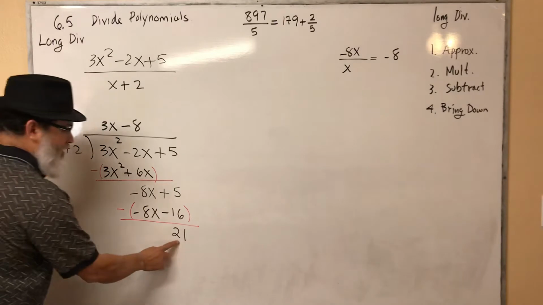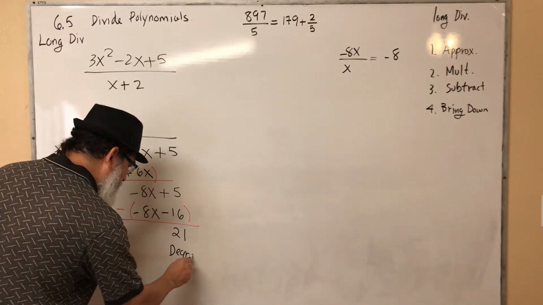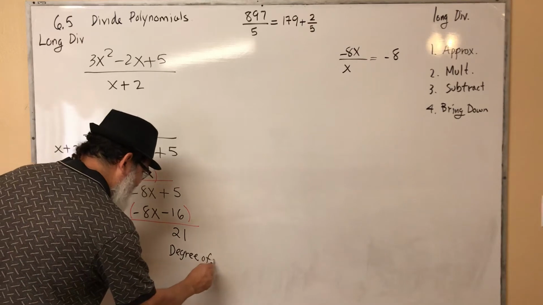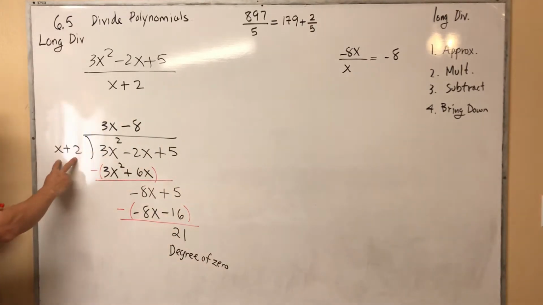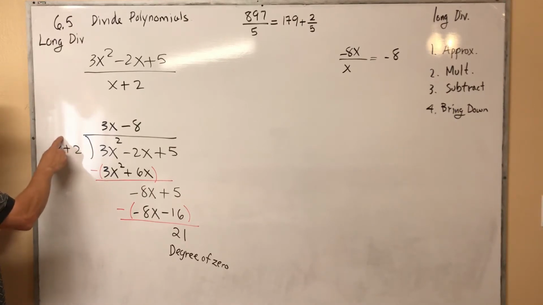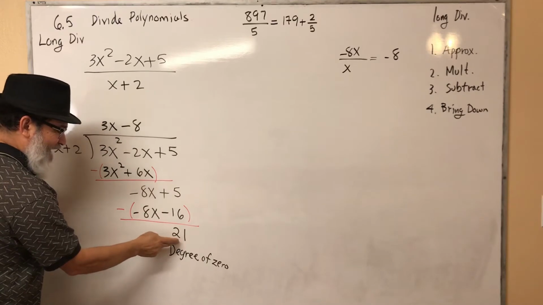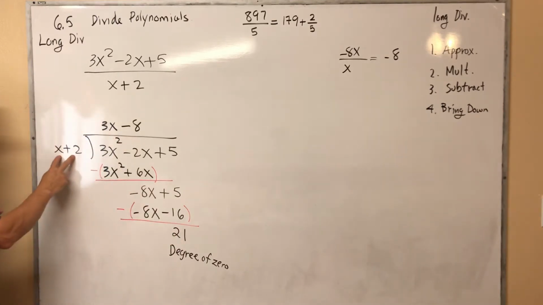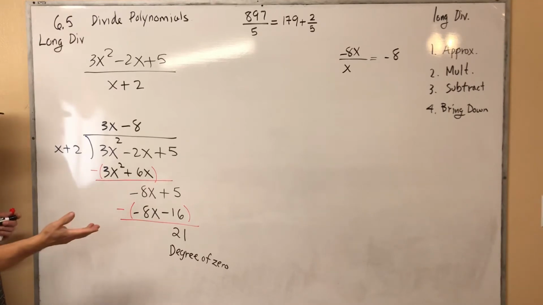The degree for this is 0, and the degree for this is 1. Whenever this has degree less than the denominator, you're done. If it's equal, you continue.